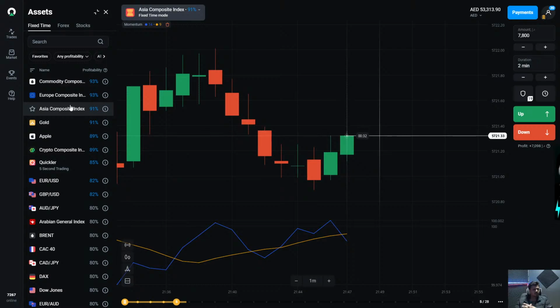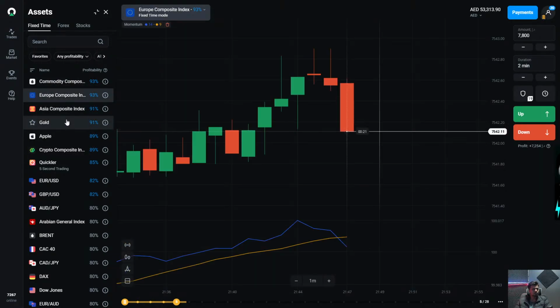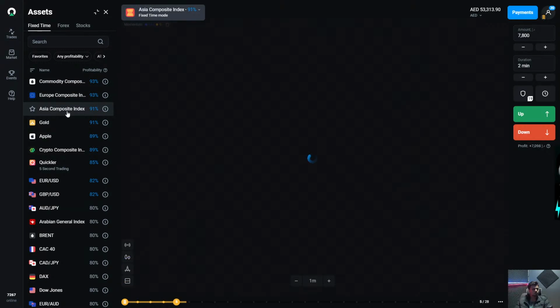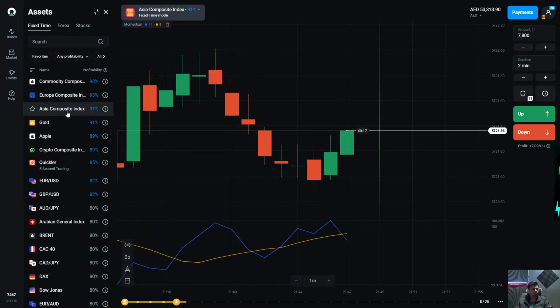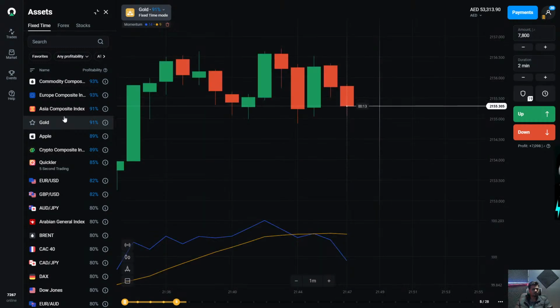And here it's completely going opposite. But even after all this, it's just moving in the upward. And gold is going in the downward, yes.